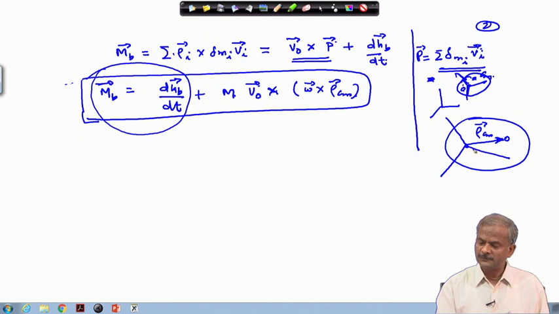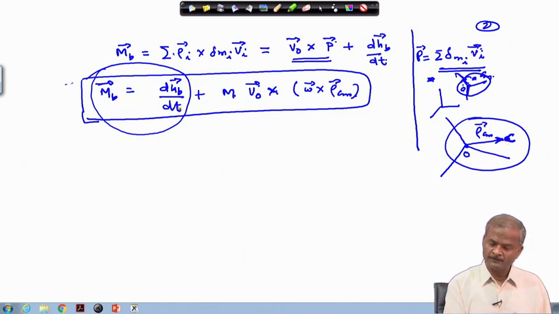So, unless your point O, and we will call this point C, the center of mass, coincides with the center of mass, you cannot write this equation.